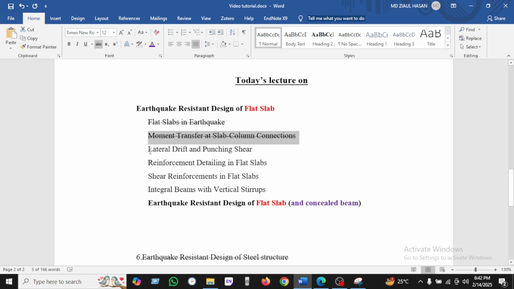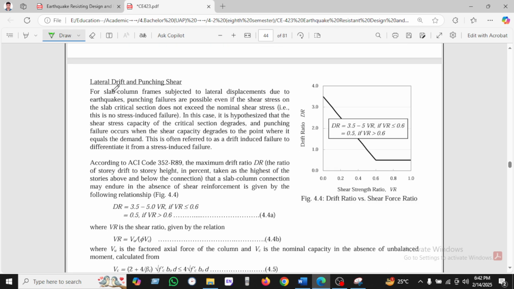Now we're going to the lateral drift and punching shear. So here is the lateral drift and punching shear. The flat slab in a slab-column frame is subjected to lateral displacement due to earthquake, or we can say lateral load. Punching failure is possible even if the shear stress on the slab critical section does not exceed the nominal stress, and this is a non-stress-induced failure.